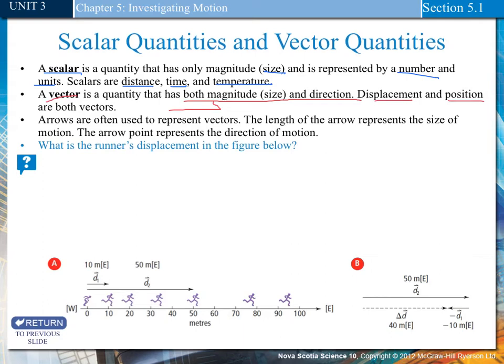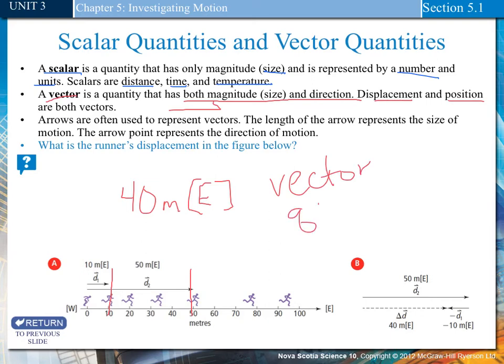So when I look at his initial, it's at 10, and its final is 50. So its vector quantity would be 40 meters east. And this is a vector quantity.